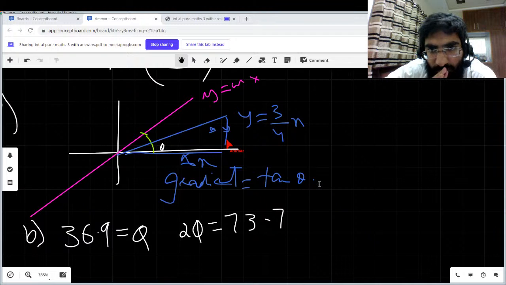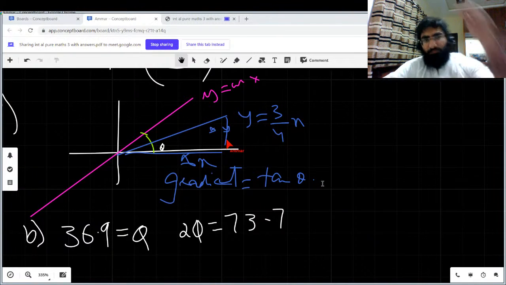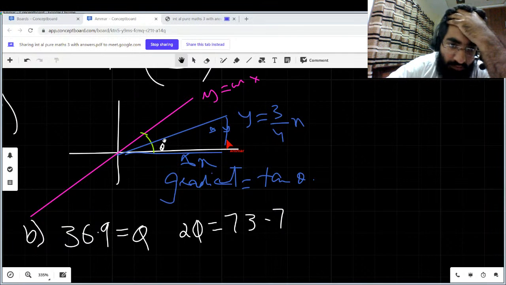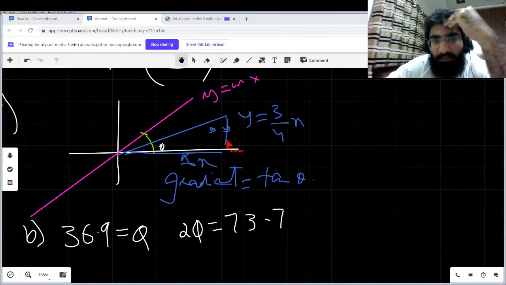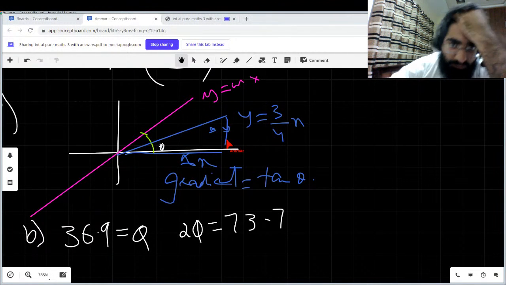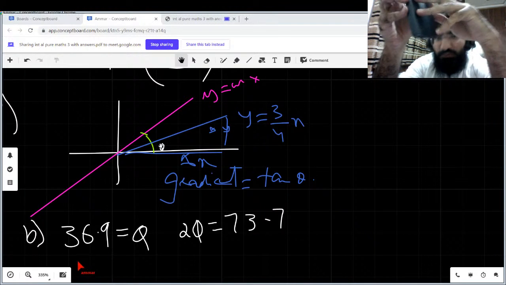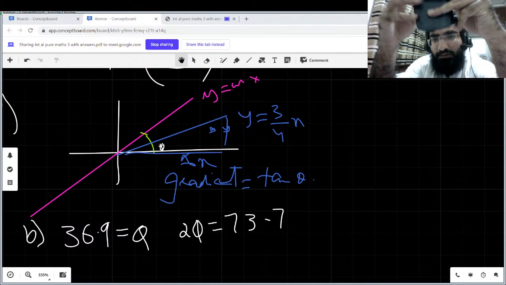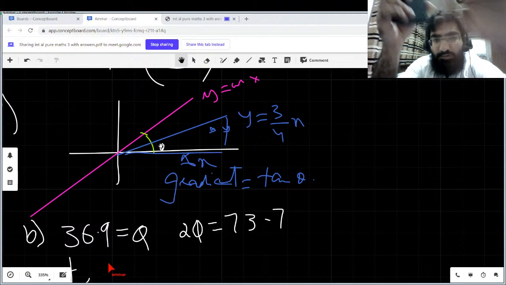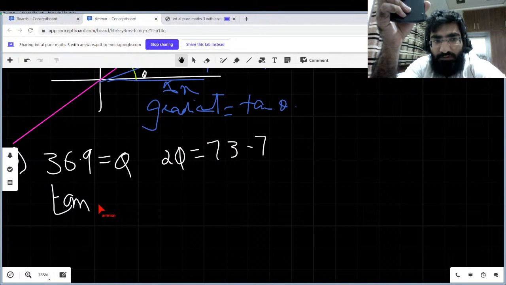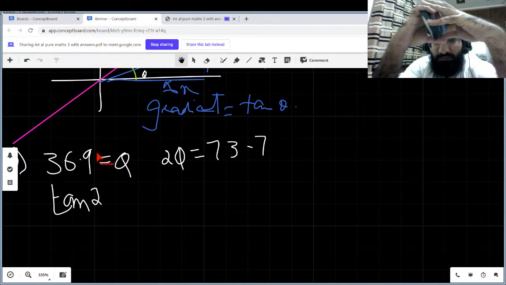So we do tan 2 theta. Tan 2 theta will be equal to the formula, which is 2 tan theta over 1 minus tan squared theta. So you got how much? It should be 24/7.